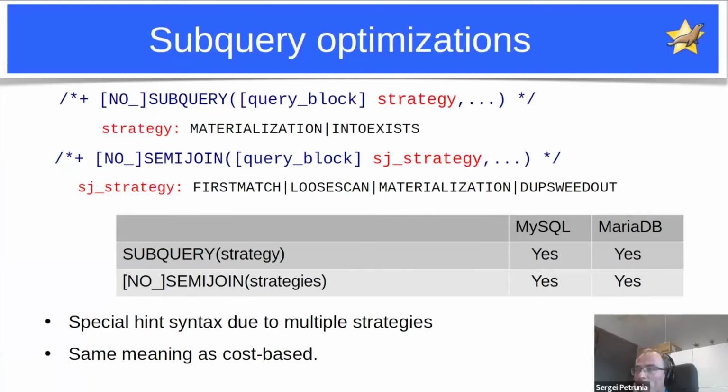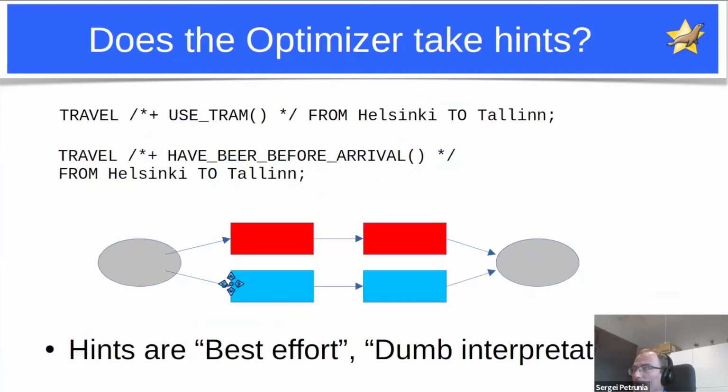About cost-based optimizations, does the optimizer actually take the hints? By analogy, if you travel from Helsinki to Tallinn and we had a hint use tram, the tram goes to the ferry terminal but not to the airport.